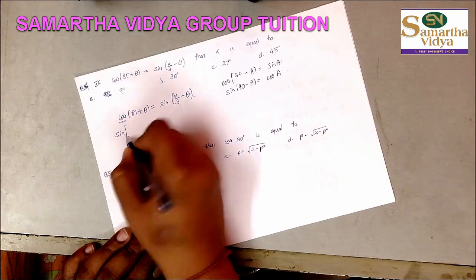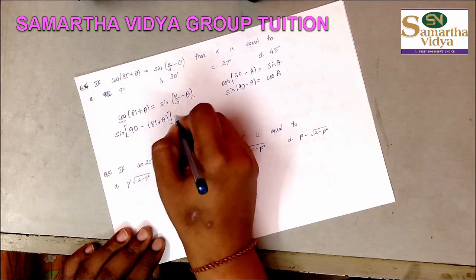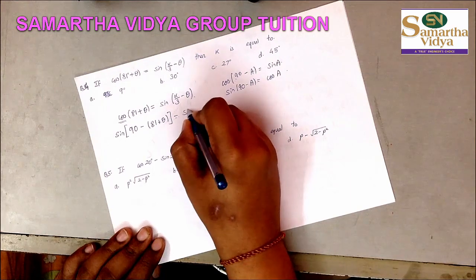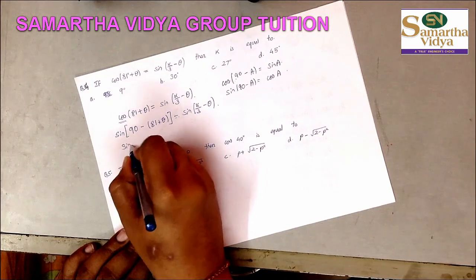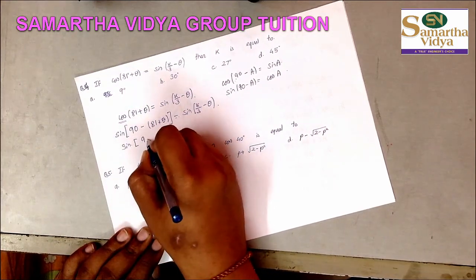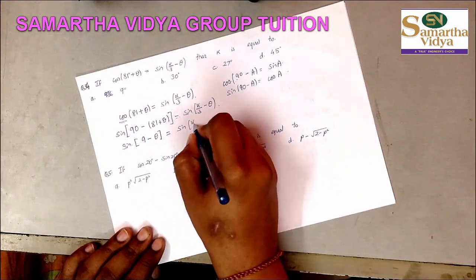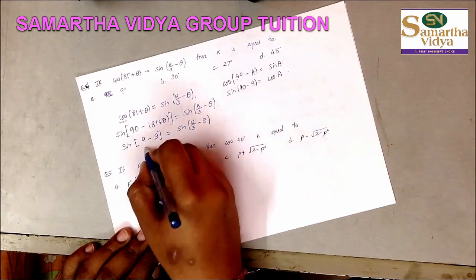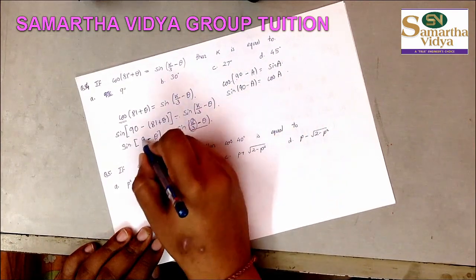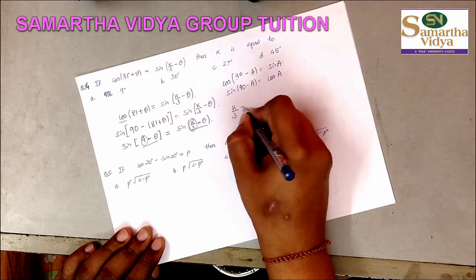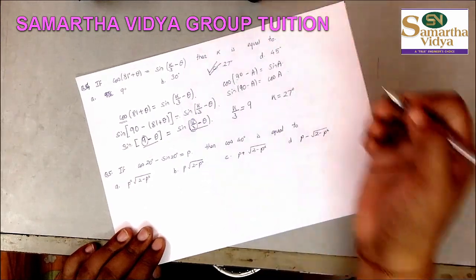That becomes sine of 90 minus the angle, which is 81 plus theta, so that becomes basically 9 minus theta. So if we equate the angles, this is minus theta, this is also minus theta, so we are basically getting k by 3 is 9. So k by 3 is 9, that means k is 27 degrees, which is option C.